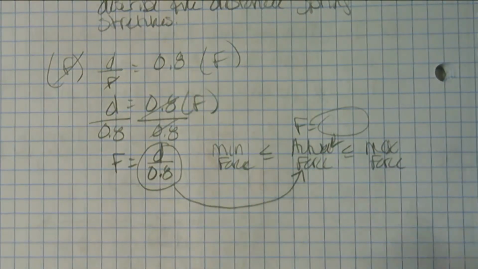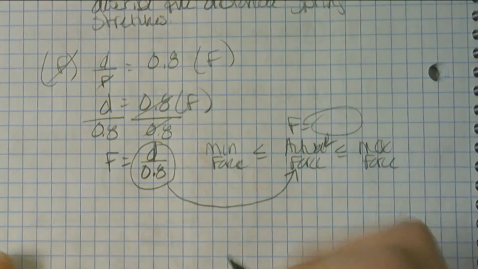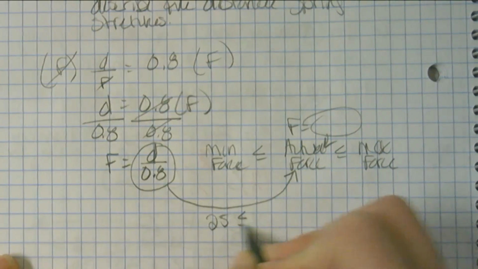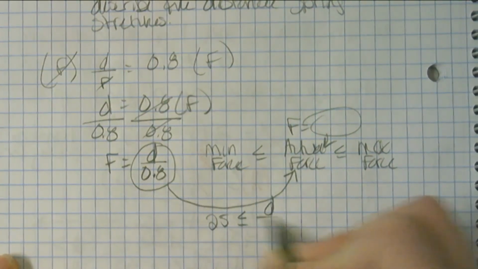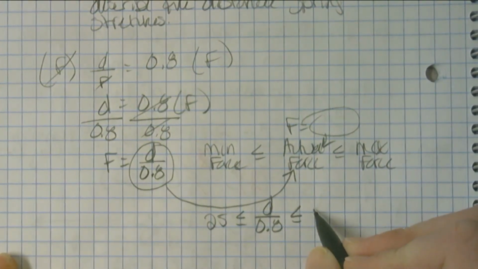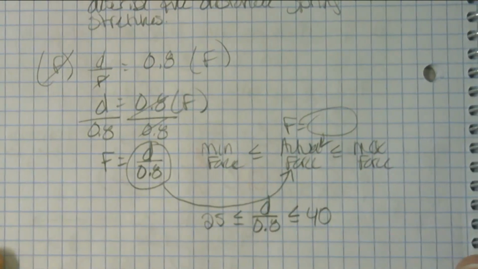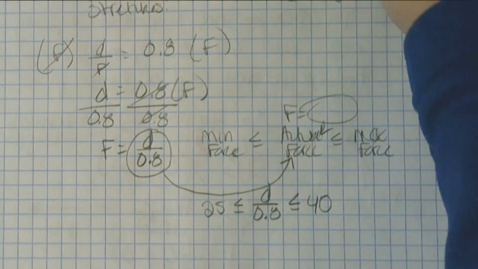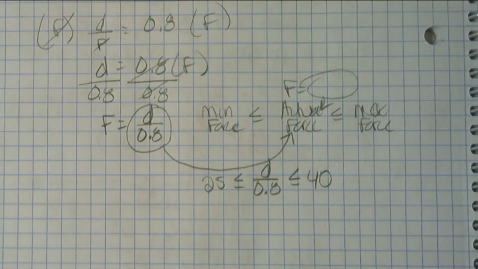So now I'm just going to substitute in my values. So I have 25 is less than or equal to D divided by 0.8, which is less than or equal to 40. If the question here was, these are the minimum maximum forces, what would be my minimum maximum distance?